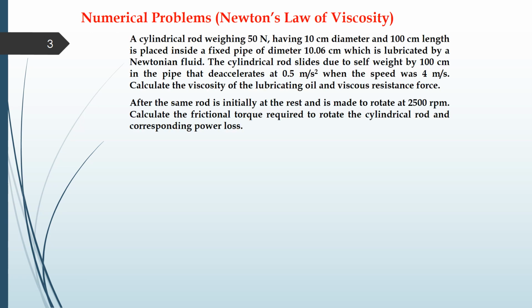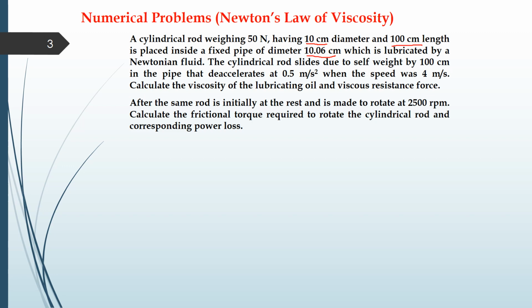a cylindrical rod weighing 50 newtons having 10 centimeter diameter and 100 centimeter length is placed inside a fixed pipe of diameter 10.06 centimeter, which is lubricated by a Newtonian fluid.